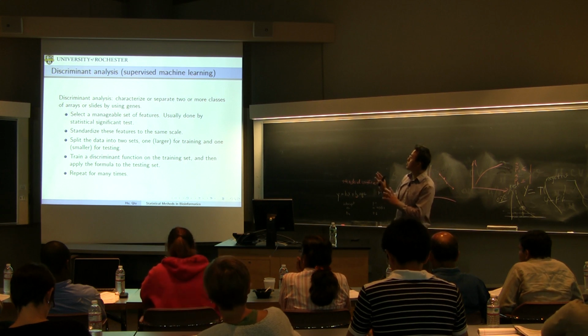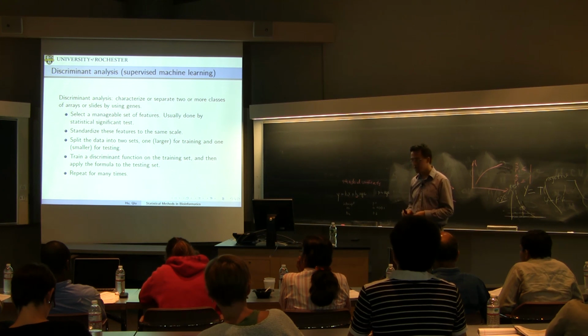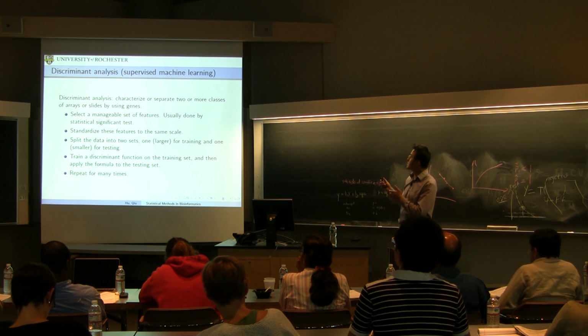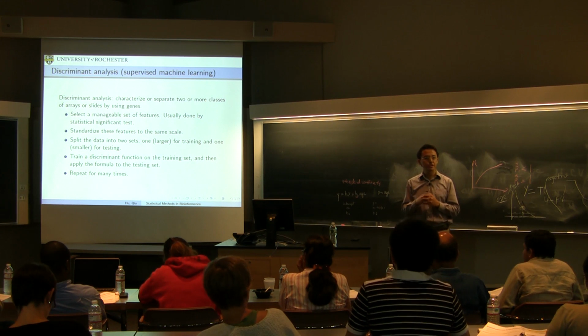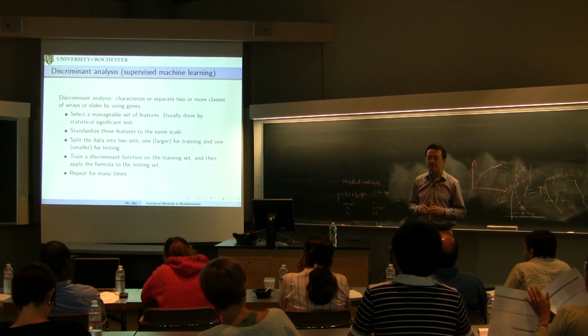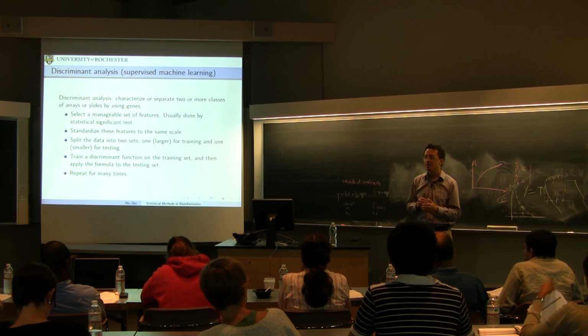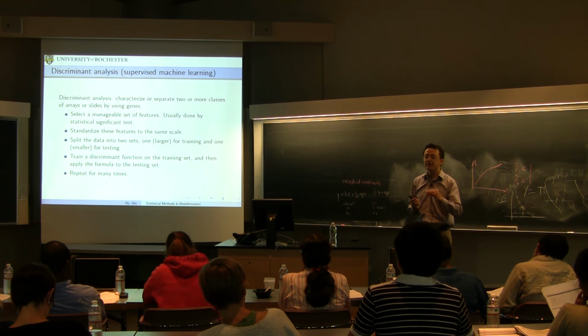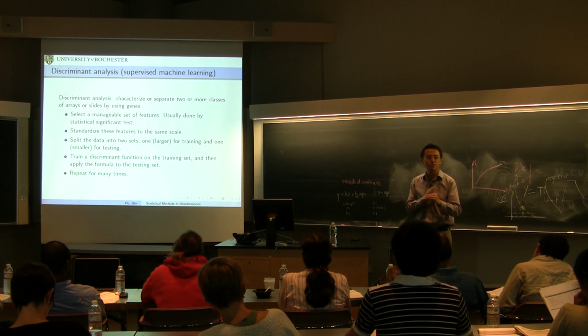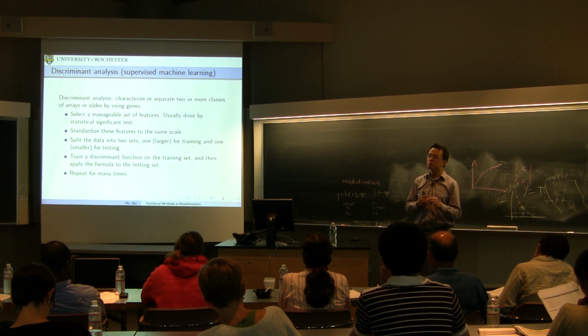The next one is discriminant analysis. What does discriminant analysis mean? Once you get your final differentially expressed gene list, like 30 differentially expressed genes, what can you do with these results? Of course, you identify some genes which may be responsible for the disease, but you can do more.